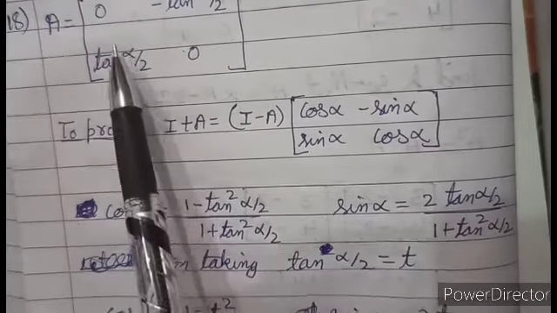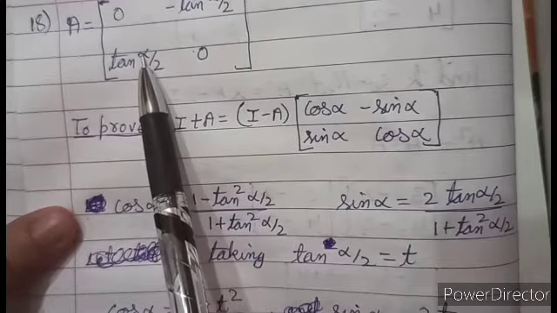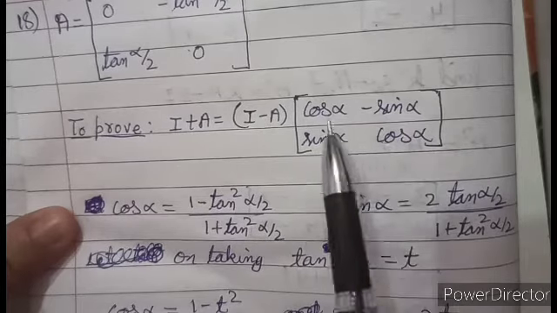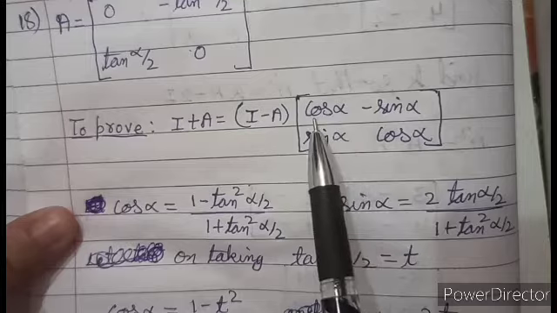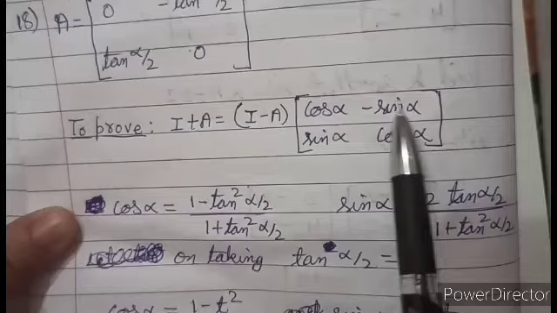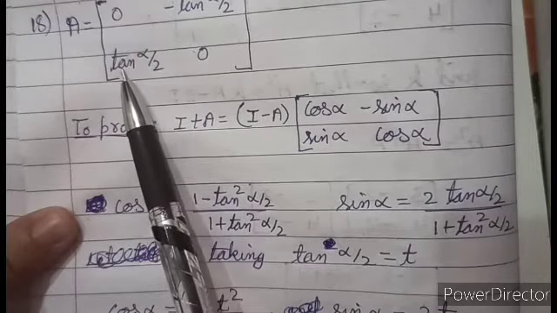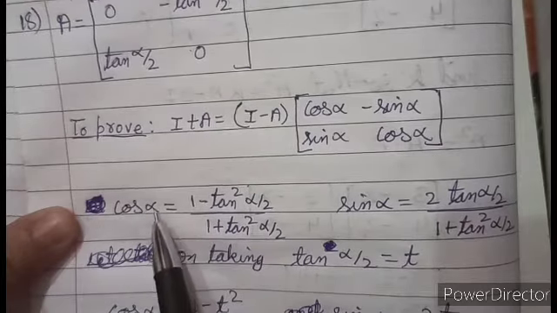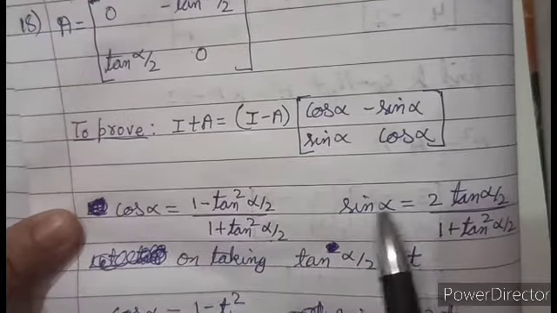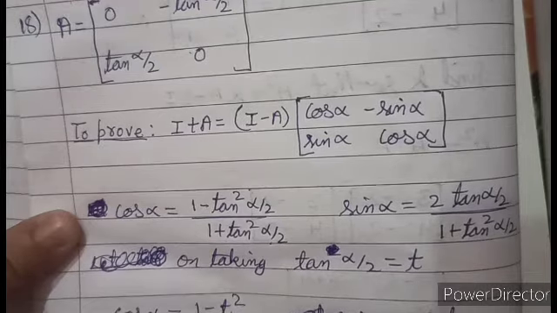Now if you see here, matrix A is in the form of tan alpha by 2, and in our proof the right hand side is given in the form of cos alpha and sin alpha. So we will convert this cos alpha and sin alpha in the form of tan alpha by 2. As you know, cos alpha is equal to 1 minus tan square alpha by 2 upon 1 plus tan square alpha by 2, and sin alpha is equal to 2 tan alpha by 2 upon 1 plus tan square alpha by 2.